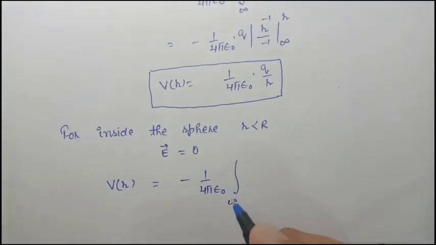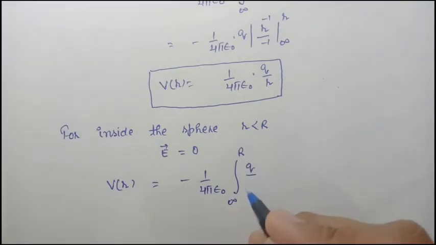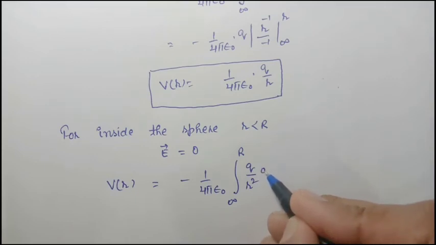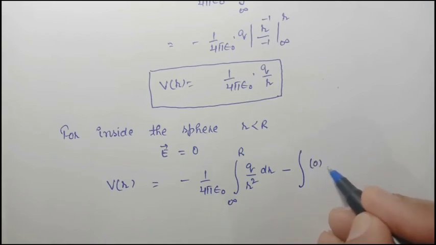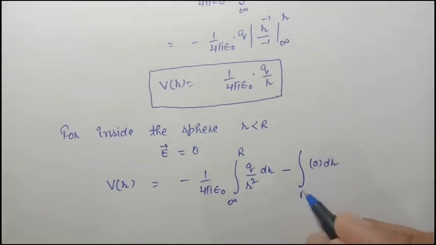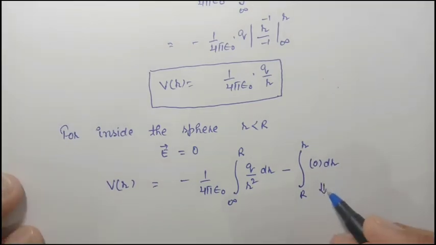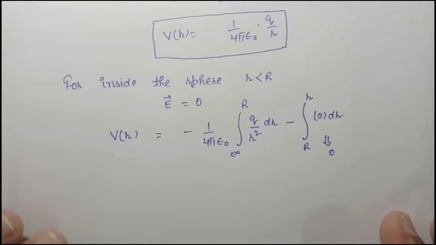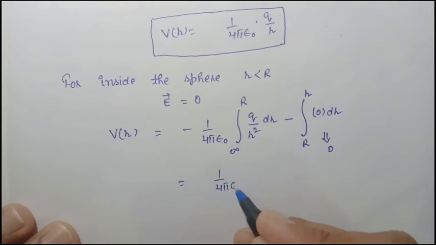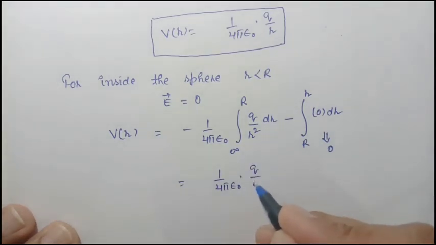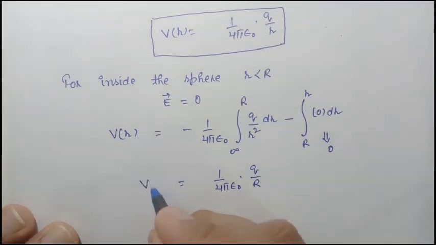The first component is from infinity to R, that is the radius of the sphere, and here we have Q over r square dr, and second, the electric field has a 0 value, so this is dr from R to small r. Okay, so here this component is equal to 0. So when we solve this, we get 1 over 4 pi epsilon naught, here we have Q over R. Okay.